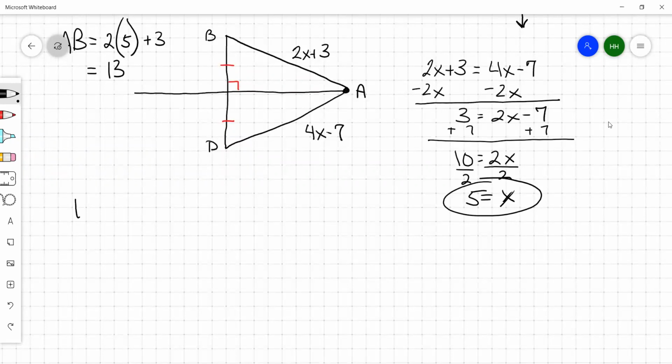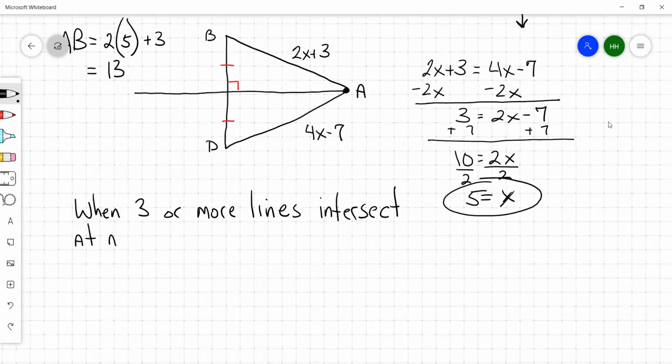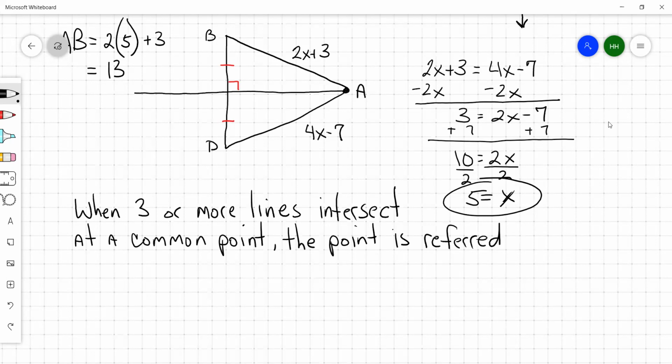All right, we're going to say here that when three or more lines intersect at a common point, the point is referred to as a point of concurrency.